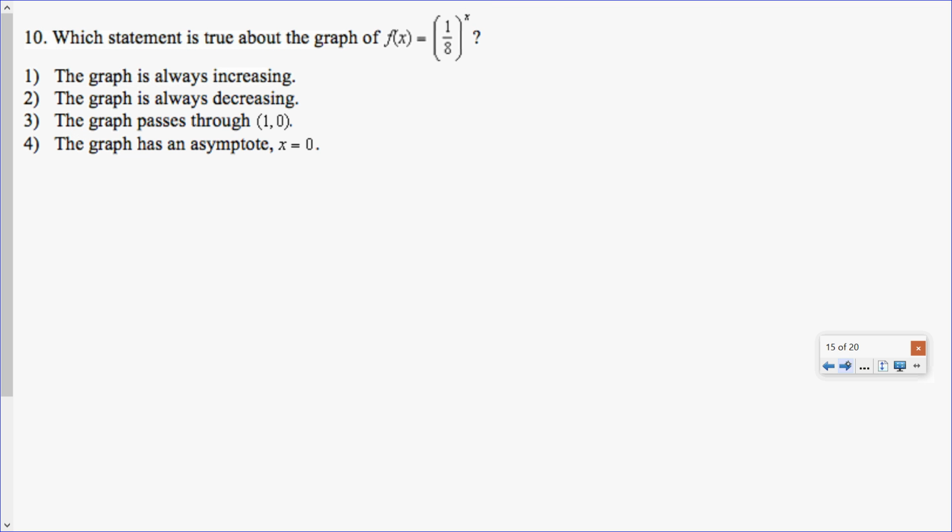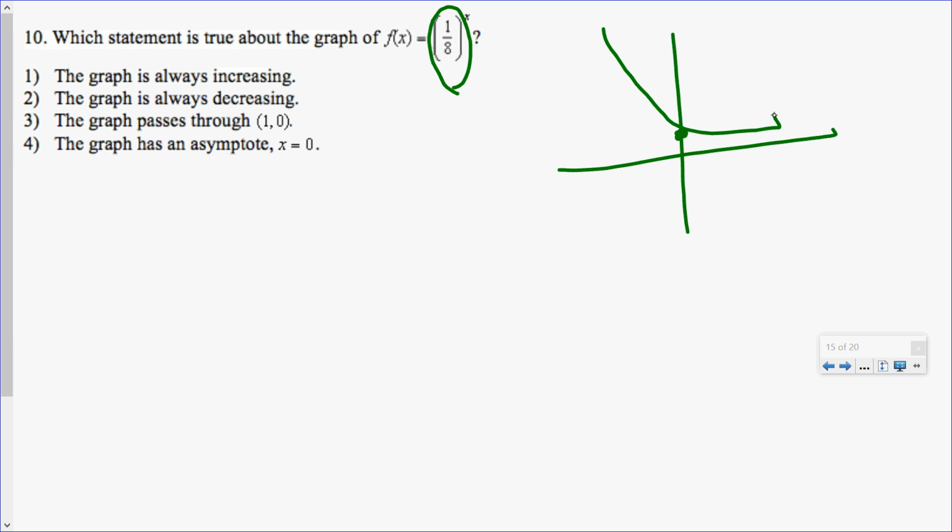Number 10, because this value is less than 1, it's exponential decay. It still passes through 0 comma 1, but it's going to look something like that. And again, you can type this into the calculator. Which statement is always true? It's always increasing. When we talked about increasing and decreasing earlier in the year, it's like a roller coaster going from left to right.